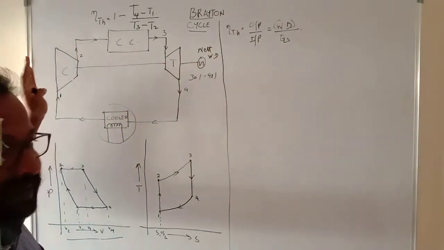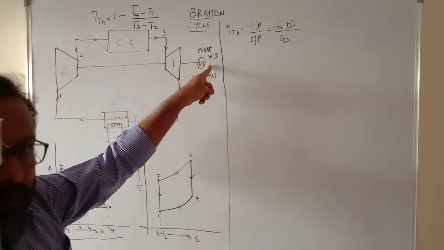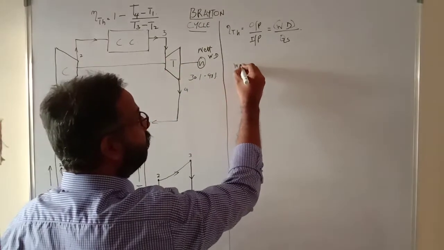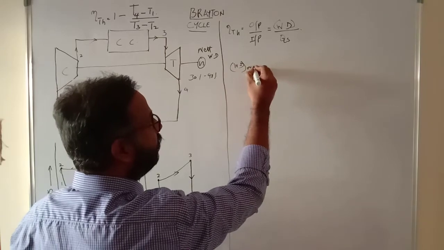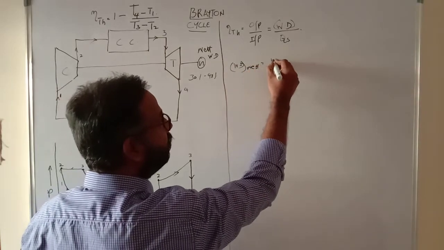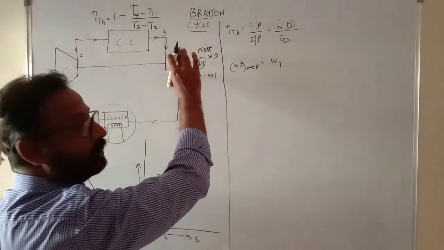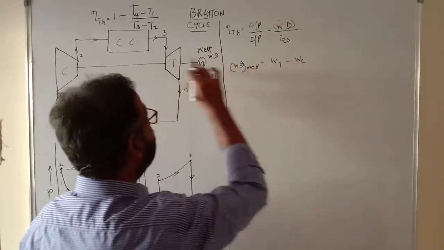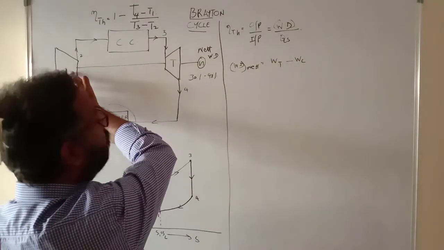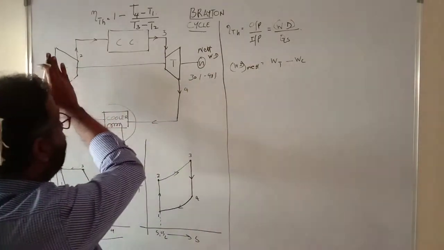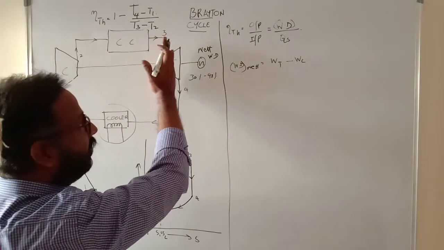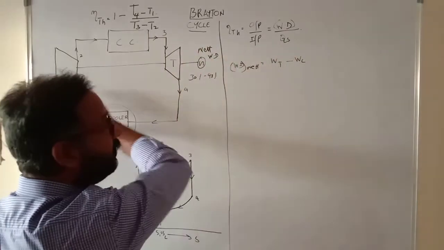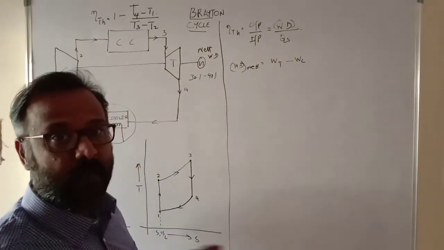One is a work producing device, one is a work absorbing device, so we write it as negative because it is absorbing some work.